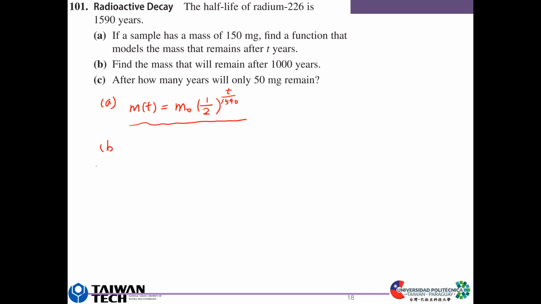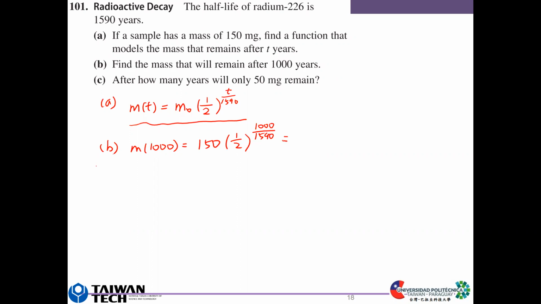So problem B is what? Find the mass that will remain after 1,000 years. So we have N(1,000) equals the initial mass, 150 milligrams, times 1/2 to the power of 1,000 divided by 1,590.